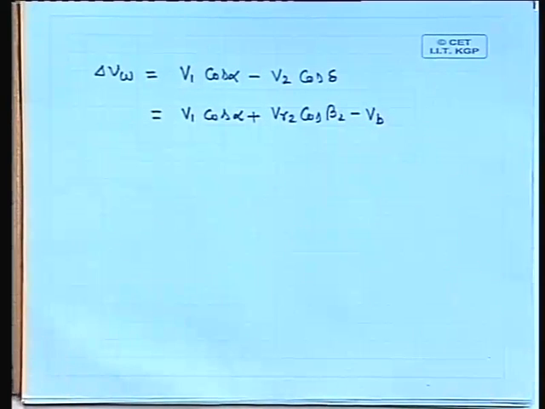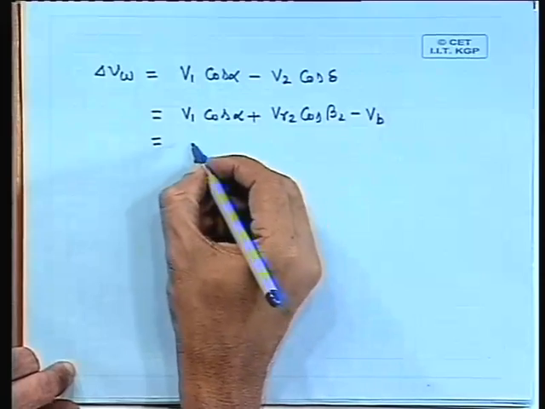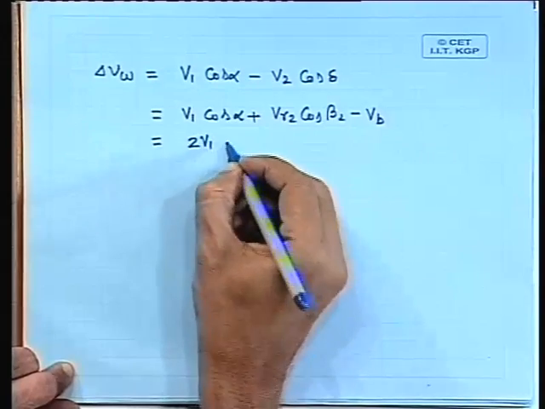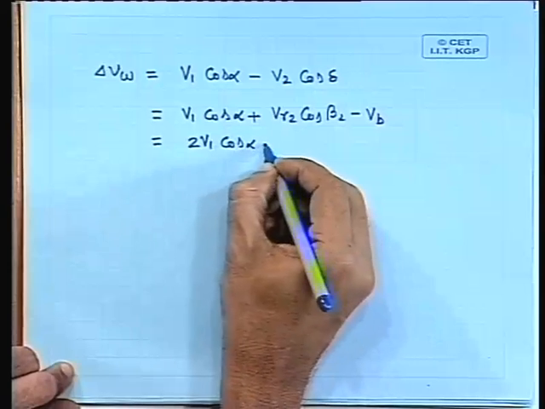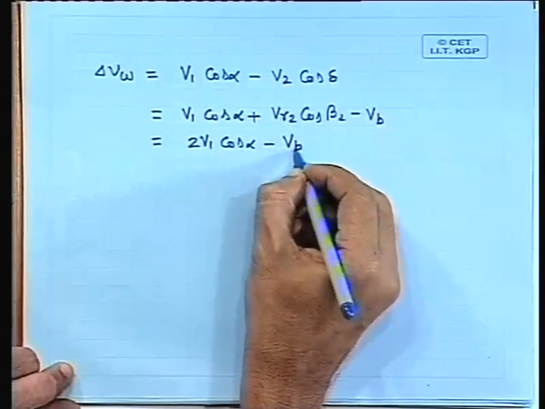Then we can use the relationship between V1 and VR2, and we can ultimately write twice V1 cos of alpha minus VB. This we can write.